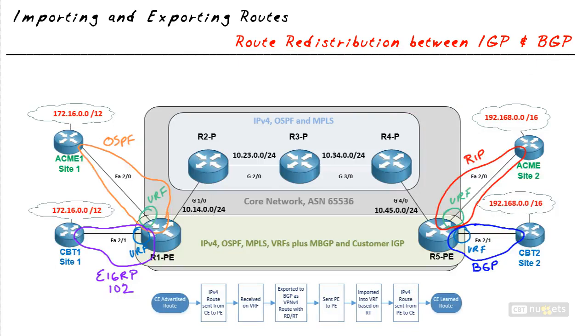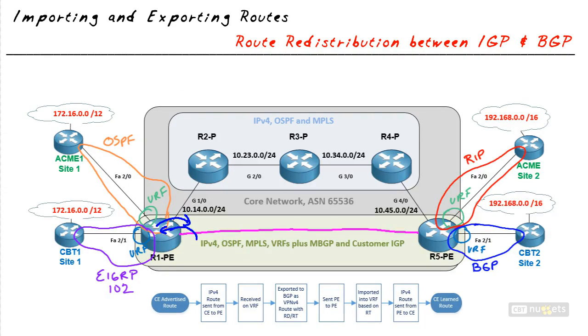Now let's apply that to our topology at hand. We've got OSPF here in the VRF between ACME and R1, and we have Border Gateway Protocol running between R1 and R5. And we've already identified that we need to do exports of the routes out of the VRF into BGP. And we also need to do imports from BGP into the VRF.